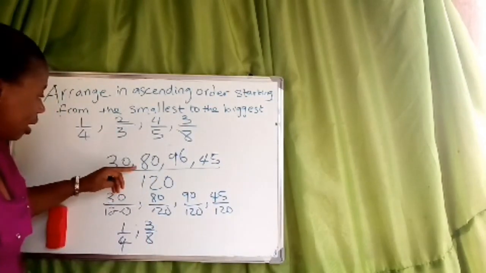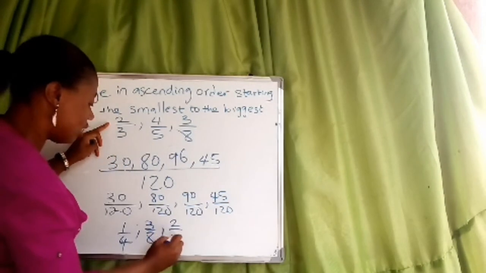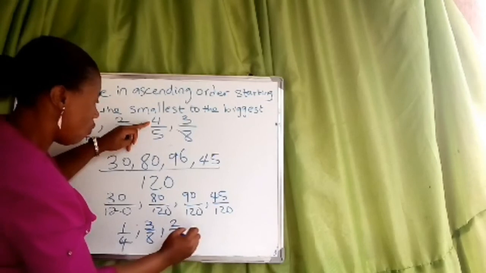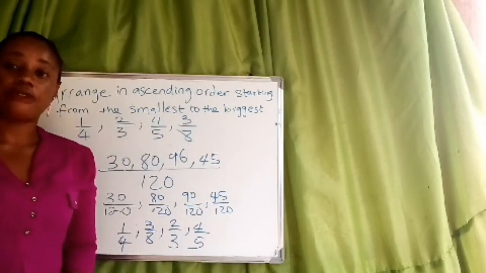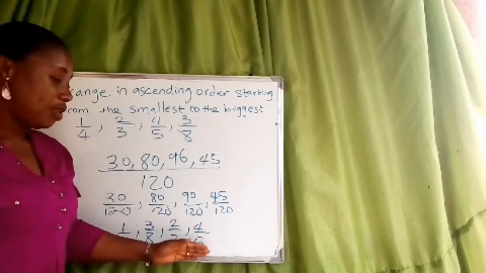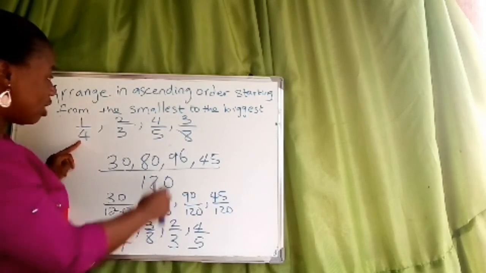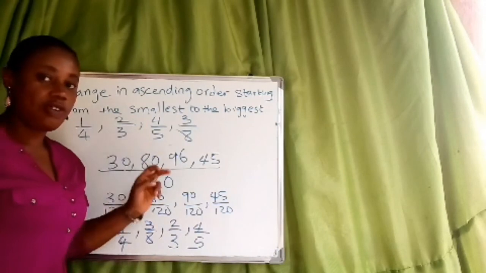Followed by 80, and that is for 2/3. Followed by 96, and that is for 4/5. So we have arranged the fractions from the smallest to the biggest. So 1/4 is smaller, followed by 3/8, followed by 2/3, and then 4/5.